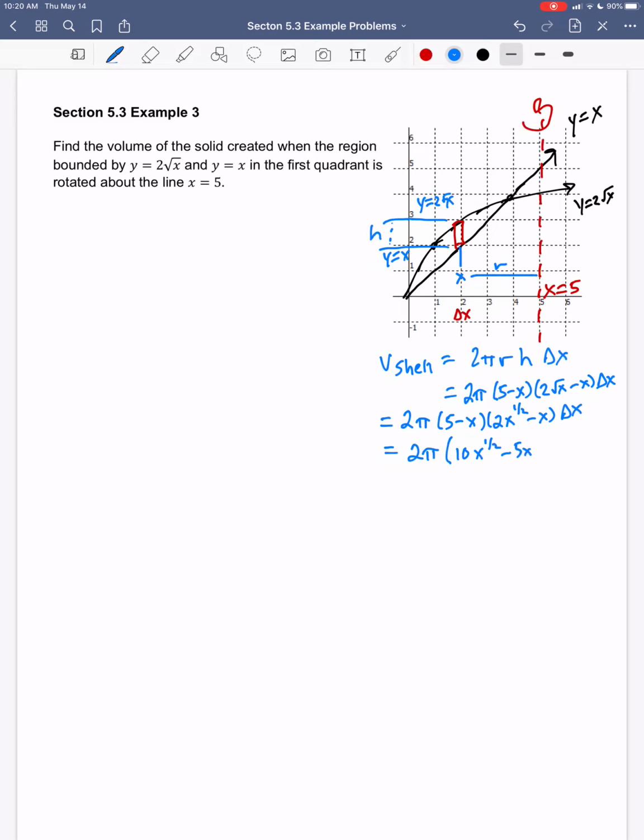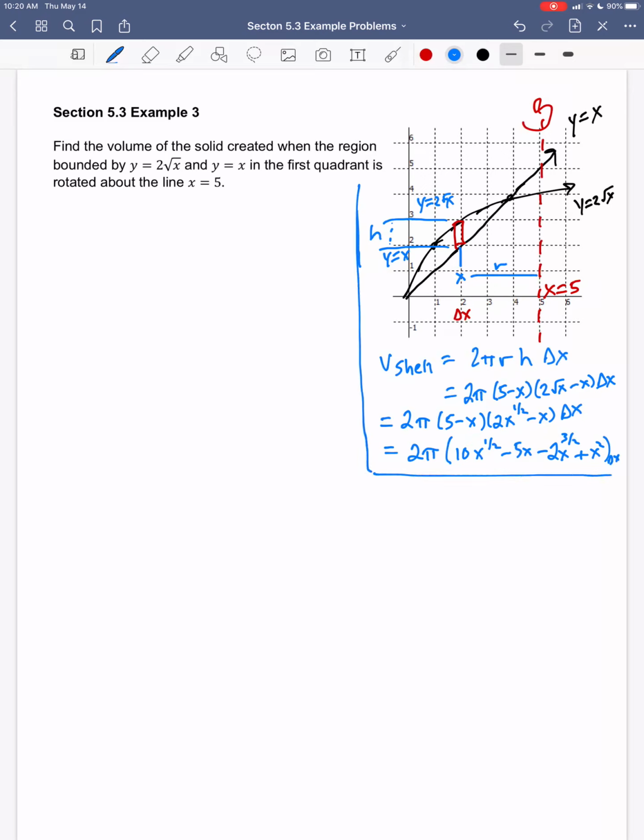Inner, I get negative x times 2x to the 1/2. So this is x to the first, that's really x to the 2/2. x to the 2/2 times x to the 1/2 will be x to the 3/2. So minus 2x to the 3/2. And then negative x times negative x is positive x squared, delta x. So that's my setup for this problem.